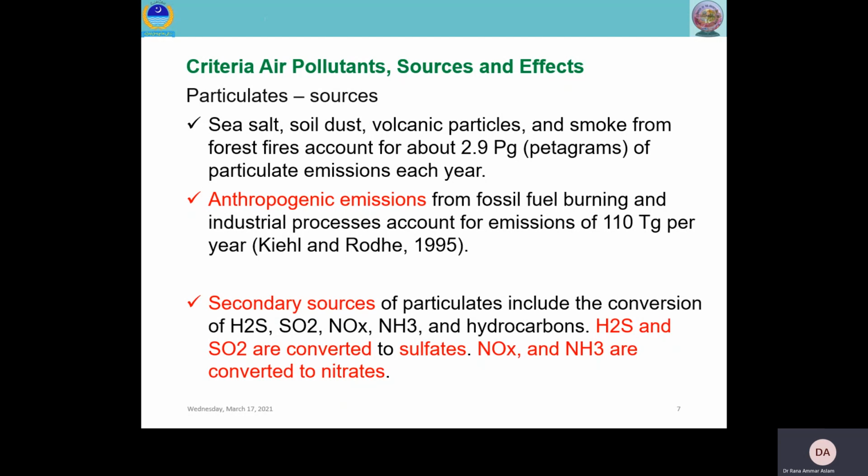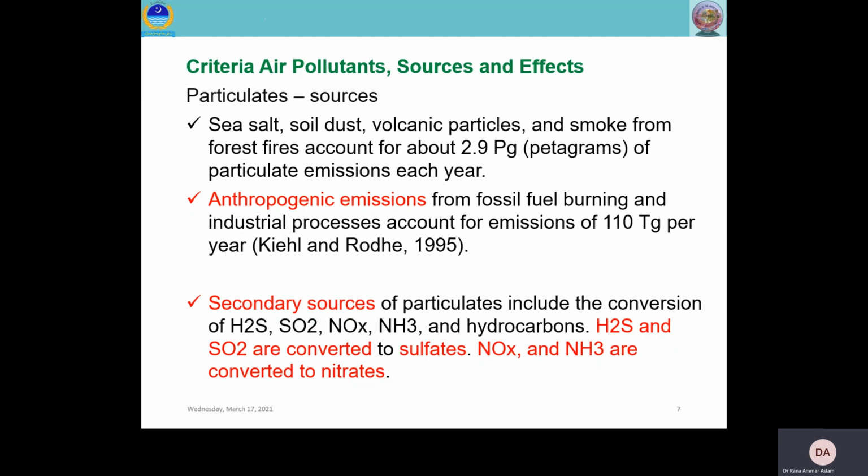The secondary sources of particulate matter include the conversion of hydrogen sulfide, sulfur dioxide, nitrogen dioxide, and ammonia and other hydrocarbons. These are gaseous in nature: oxides of sulfur, nitrogen, hydrogen sulfide, and ammonia.